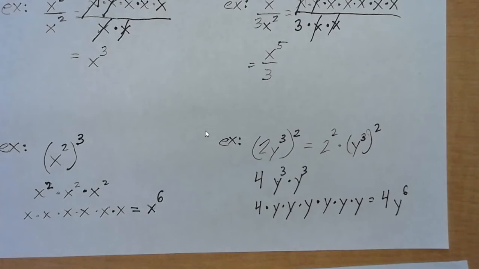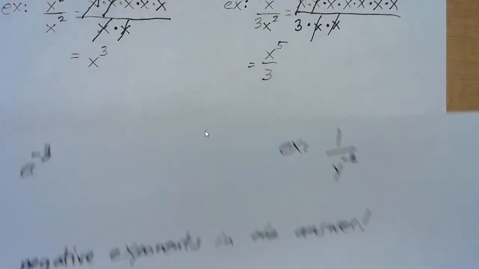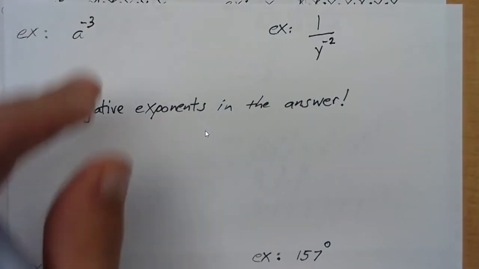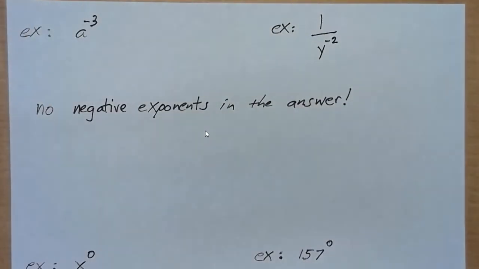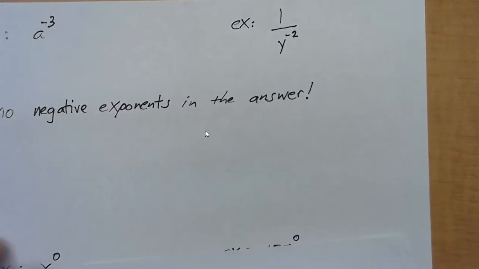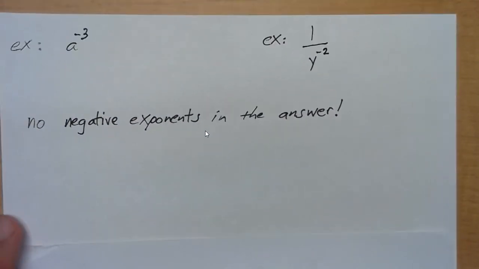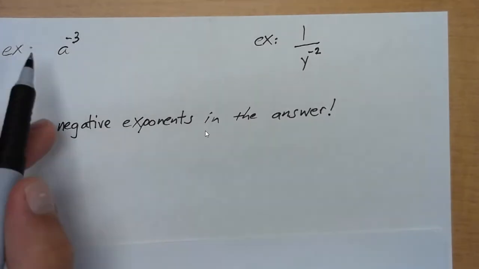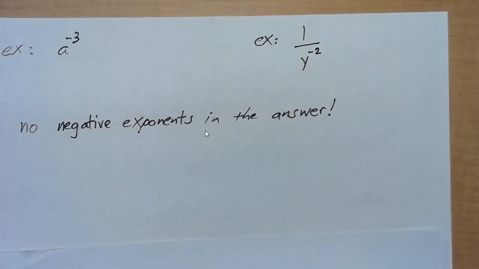Okay, now I'm going to show you something with negative exponents. So if we have something like a to the negative 3rd, the problem is that is not what mathematicians consider correct. They don't consider it proper.